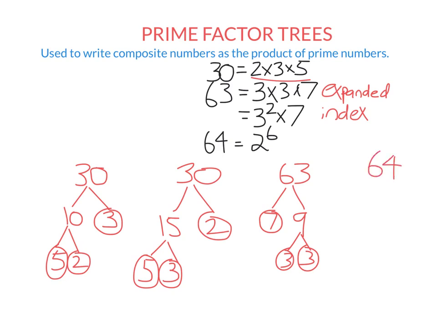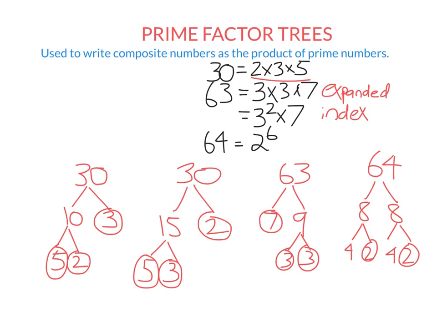So let's find factors of 64. Well, we should know it's 8 times 8. 8 is not a prime number, so we're going to write it as the product of some other numbers. 8 is 4 times 2. Okay, so we've now got some 2's that are prime. But 4 is not prime.